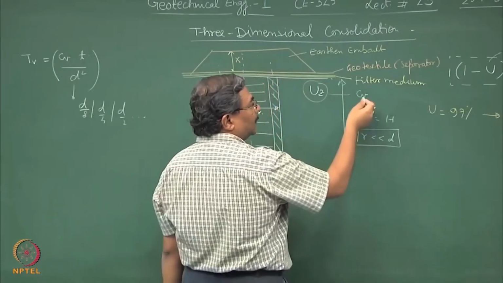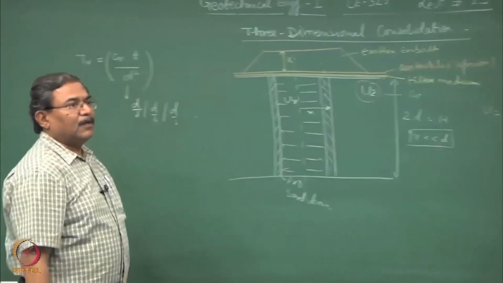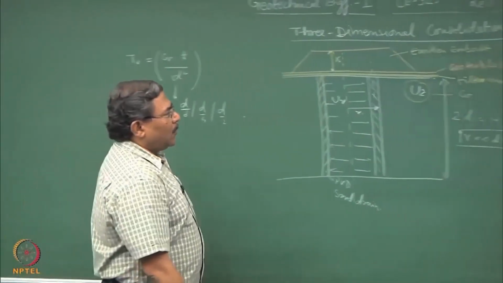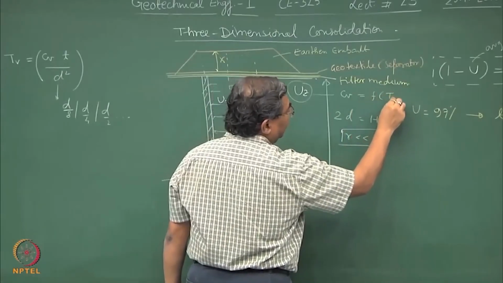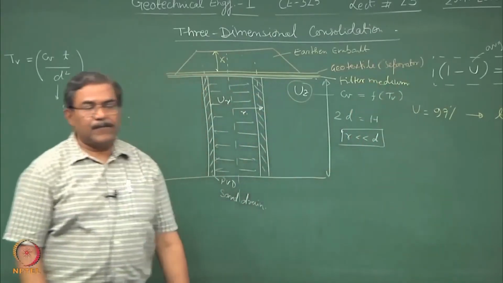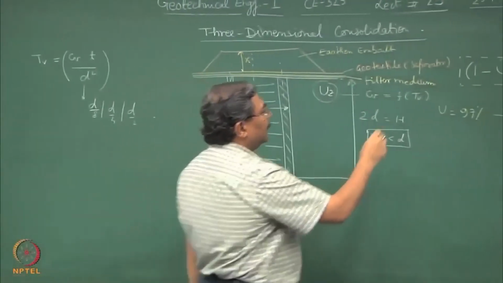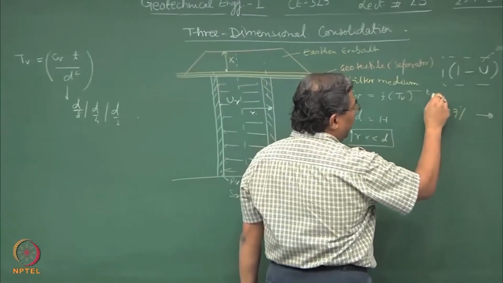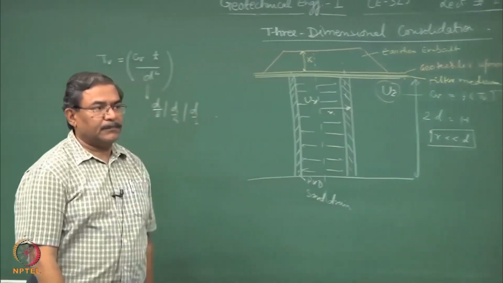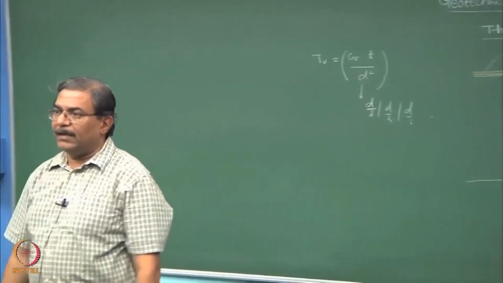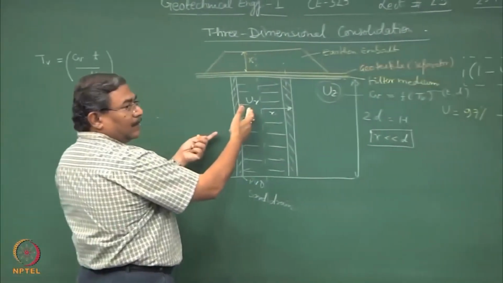I will say now, CV is the coefficient of consolidation in the vertical direction. This CV is related to TV, and this TV takes into account the time and the drainage path. Is this okay? Now, what we have done extra is we have induced UR.